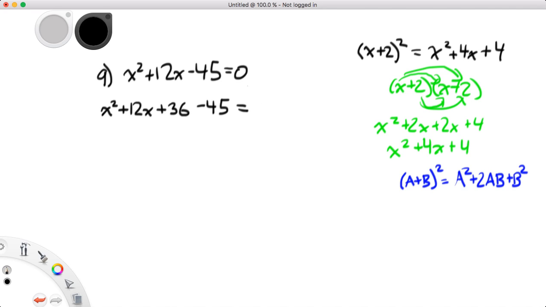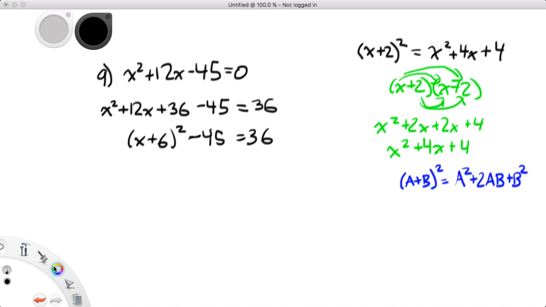Don't take my word for it. Work it out. If I've got x plus 2 and I'm squaring it, I can do (x plus 2) times (x plus 2), because I'm multiplying it times itself, and then I'm going to FOIL it. So this is going to be x times x, which is x squared, x times positive 2, so plus 2x, plus 2 times x, which will be another plus 2x.